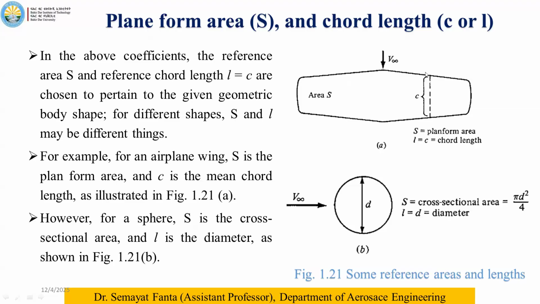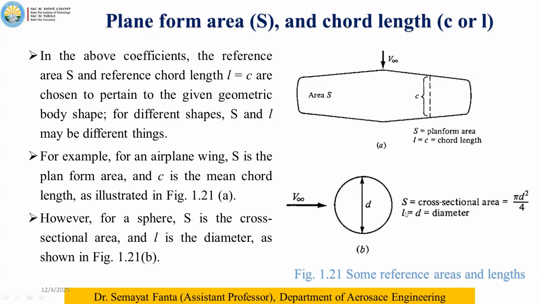For the overall analysis, we use the mean chord length. The area of this wing is given by S, in meter square, and the chord is in meter. The flow direction of the aircraft is in this direction, and the stream velocity indicates the opposite direction of the flow.